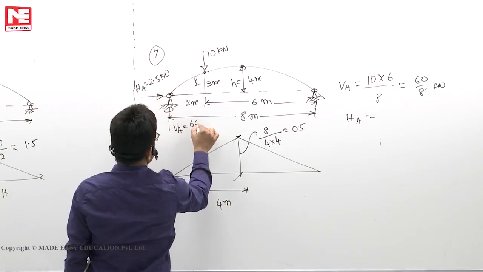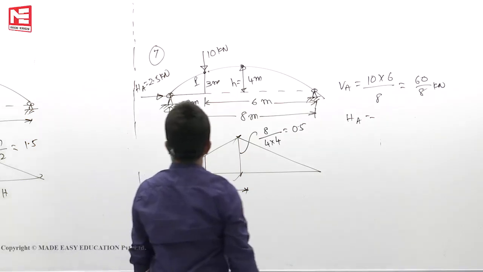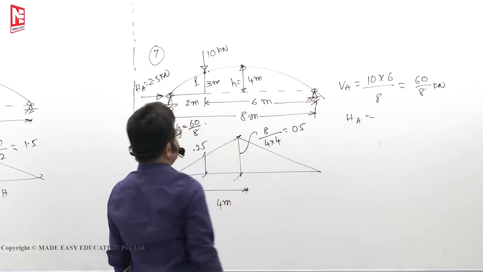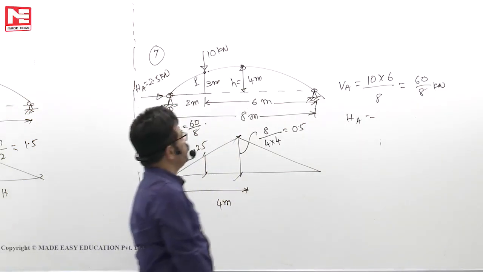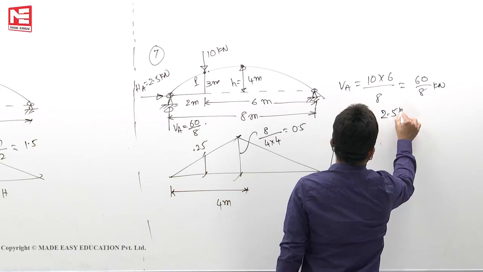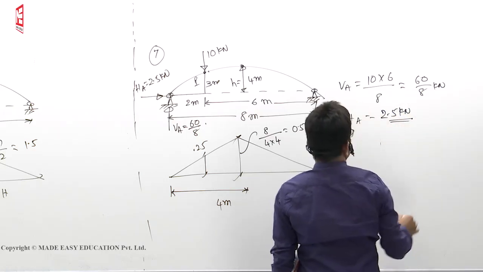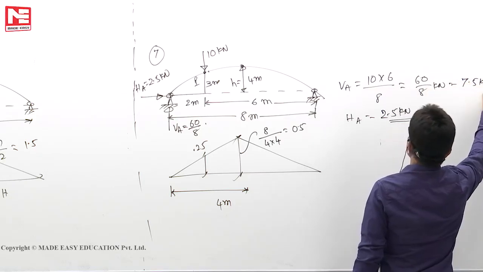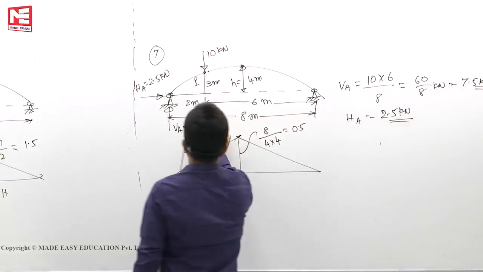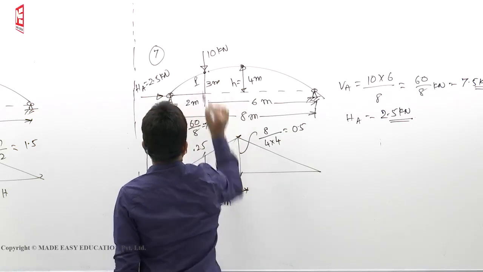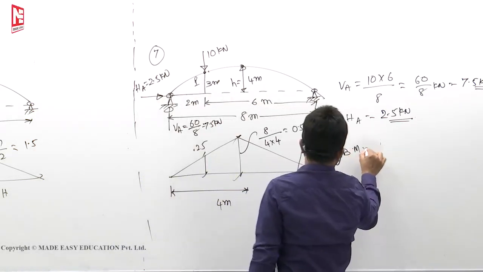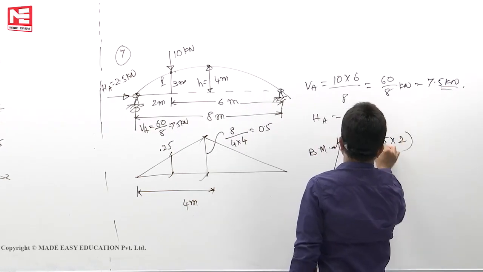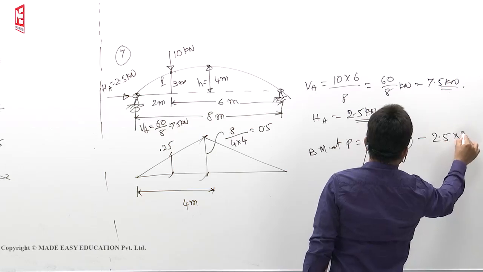VA is 60 by 8. W L by 4H. Now HA is 2.5 kilonewton, and VA is 7.5 kilonewton. Now bending moment at P. He is asking the bending moment at P, which is equal to 7.5 kilonewton into 2 minus 2.5 into 3.